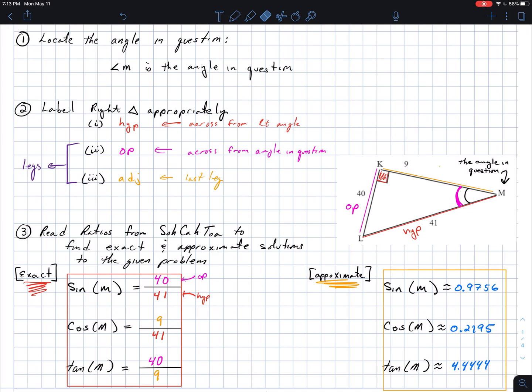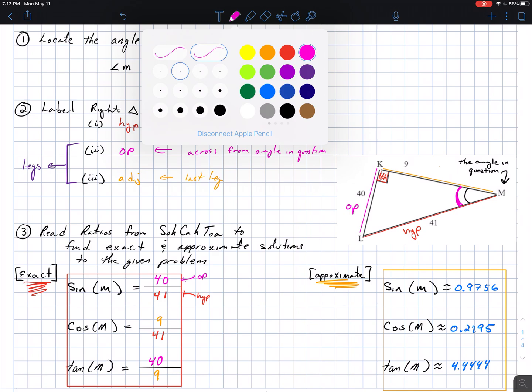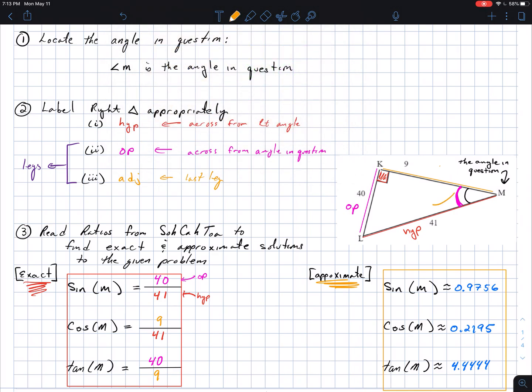And by default, the last side will always be the adjacent side related to that angle in question. So what is the angle in question? And remember, it's M. So once we've labeled our triangle appropriately, we can now begin to process the problem.